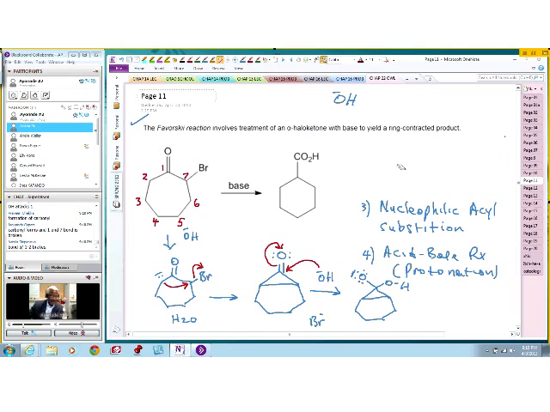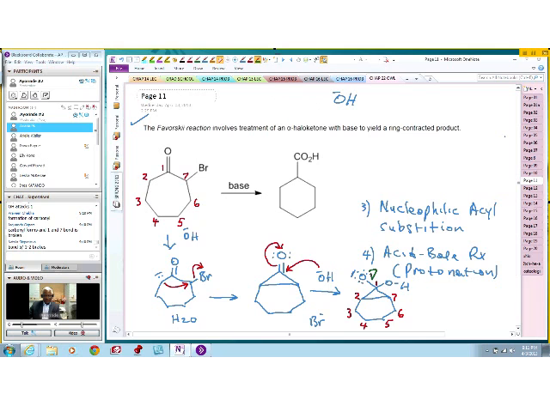Carbonyl forms and the bond between 1 and 7 breaks. Excellent. Let me number the carbons again. This is carbon 1, carbon 2, carbon 3, carbon 4, carbon 5, carbon 6, carbon 7. So the carbonyl will reform.